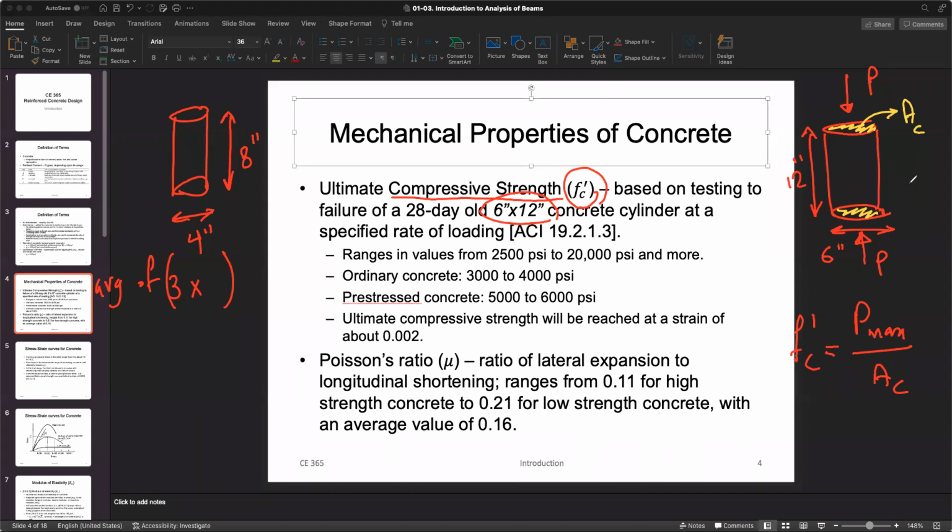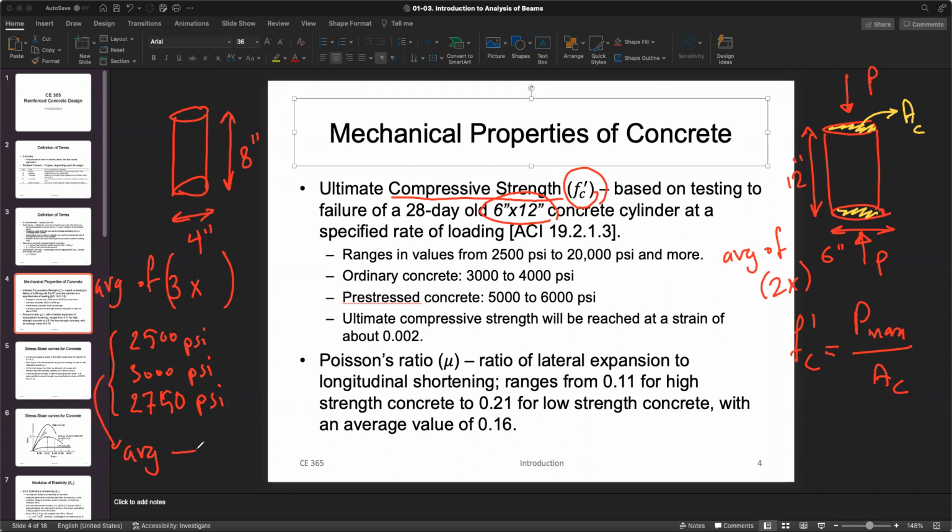If you use 6x12, usually the average of 2 cylinders would be used to nominate the compressive strength of concrete. If it is not clear yet, for example, you test it and the first specimen is 2,500 psi, the second one is 3,000 psi, and 2,750 psi for the third one.